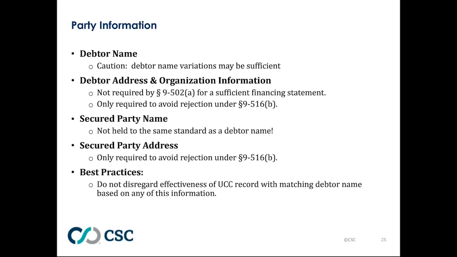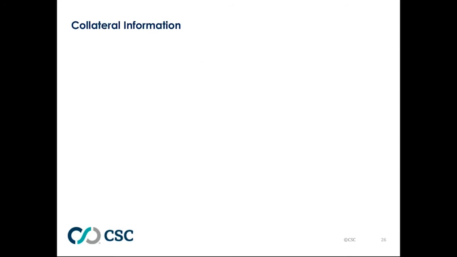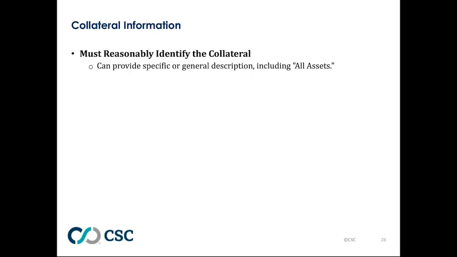When it comes to collateral and interpreting the effect of collateral, all the financing statement has to do is reasonably identify the collateral. It does not have to identify it in any particular way. In fact, the code is rather generous to the filer for how they identify the collateral. It can be by a specific description: John Deere Model 350, serial number 12345. It can be by a less specific description: John Deere bulldozer, bulldozer Model 350, John Deere Model 350.